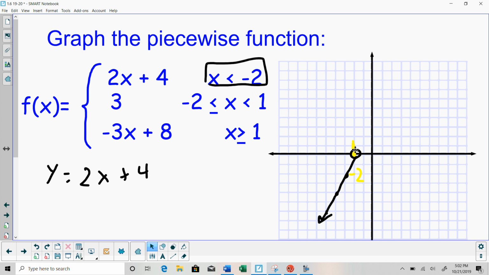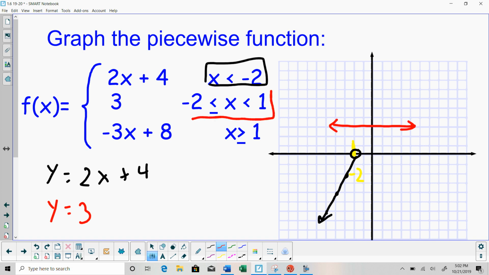Now we're ready to graph the next piece of our piecewise function, and that's just y equals 3. I know that's a little horizontal segment; it's here at a height of 3, but I don't want that whole horizontal line. I only want it graphed between -2 and 1, including the -2, not including the 1.